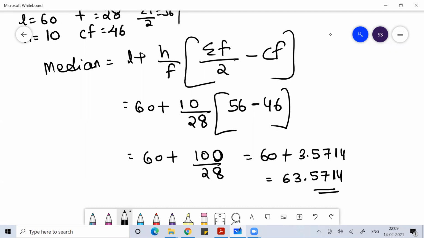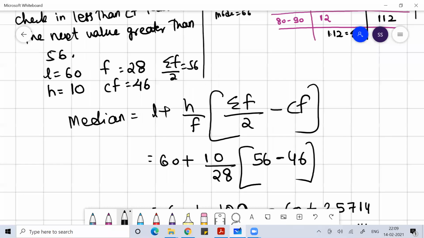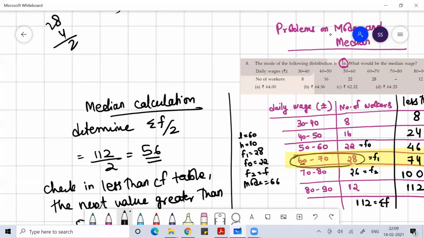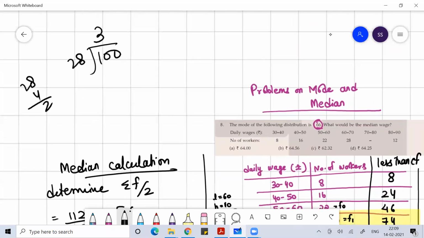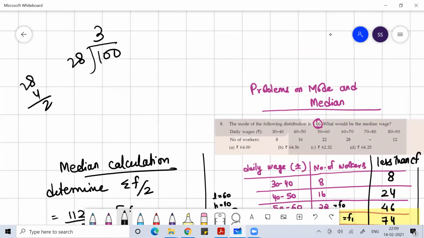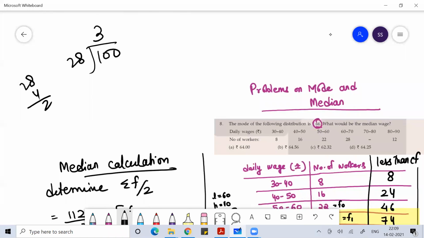So that is 63.5714. You can see here 63.571, the most closest value is 64 only.